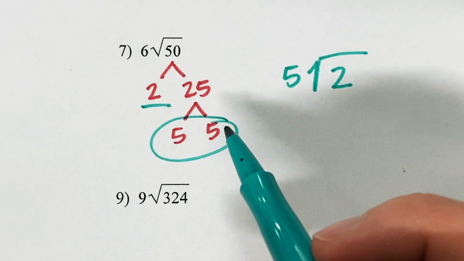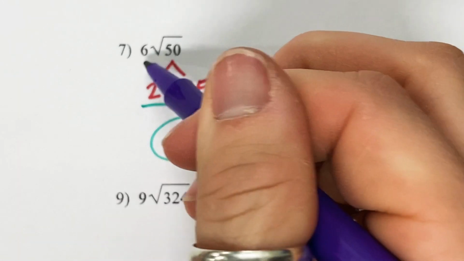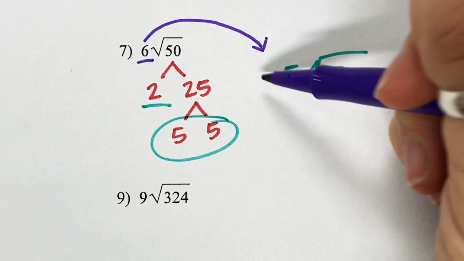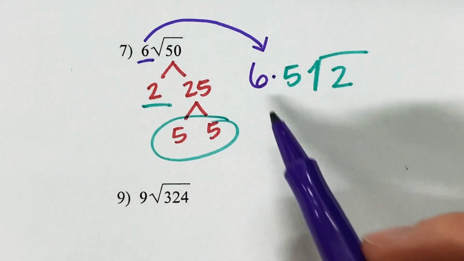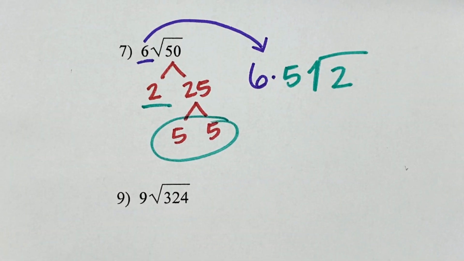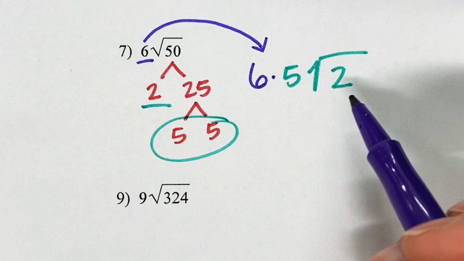But now our second step is to multiply. Now we bring in the 6 that was in front, and since it was already in front, we have to multiply it by what we took out of the radical. So this 6 is now multiplying to the 5, and that's our last step.